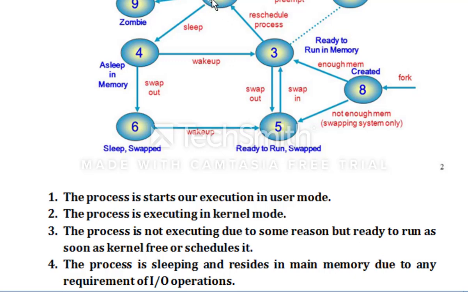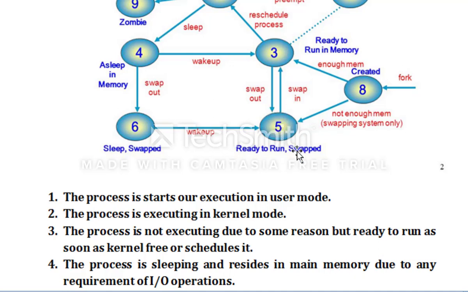If any interrupt comes in the running state, it sleeps from state 2 to step 4. It moves from step 4 to step 5 because we need to swap out the process from memory. Sleep in memory, that means sleep, swapped out. So 4 to 6.